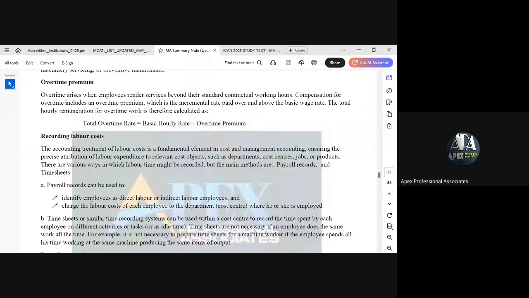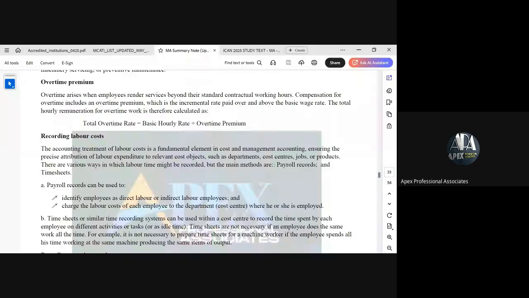Let me give you an instance. The organization says they should close by 5 o'clock, right? If they now stay beyond 5 o'clock, every hour that they stay beyond that 5 o'clock will be treated as overtime. So compensation for overtime includes overtime premium, which is the incremental hour paid above the basic wage rate.